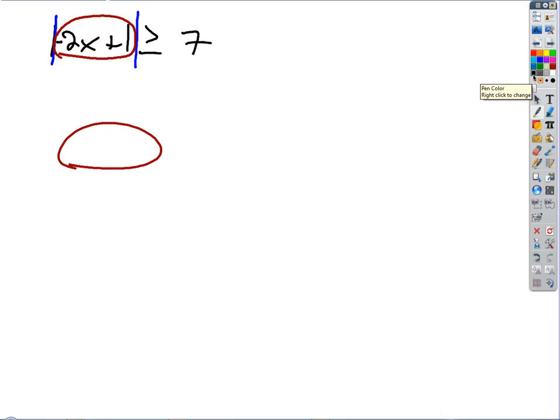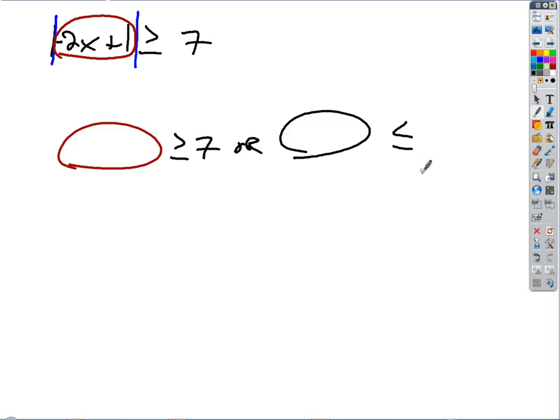It's either going to be greater than or equal to 7, or what's in the absolute value bars is less than or equal to negative 7. And we don't change anything. We're just going to leave it as a negative 2x plus 1, right? And we just solve both of those.